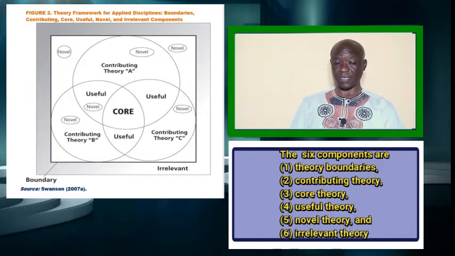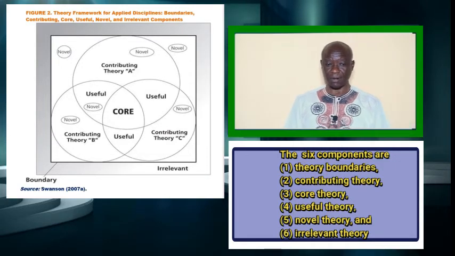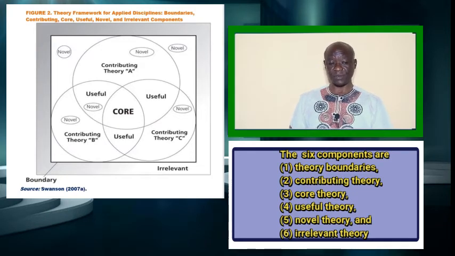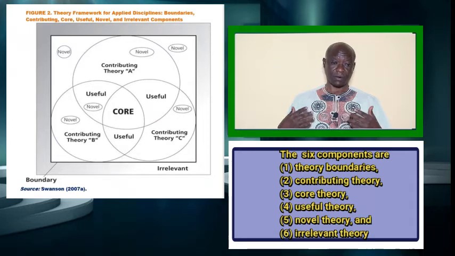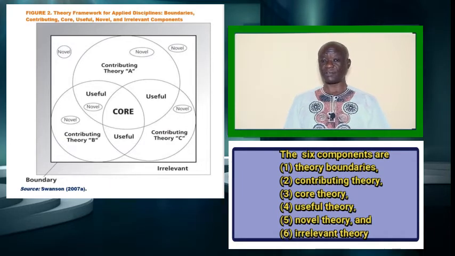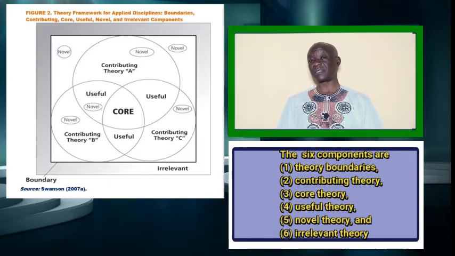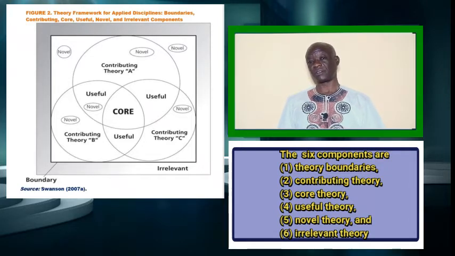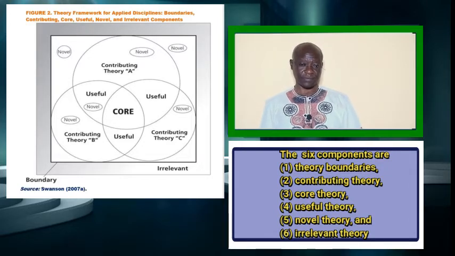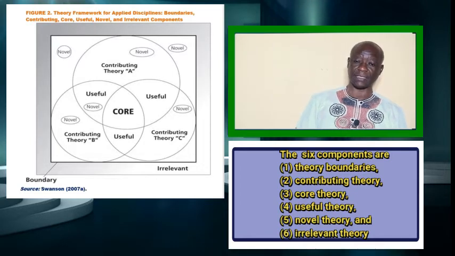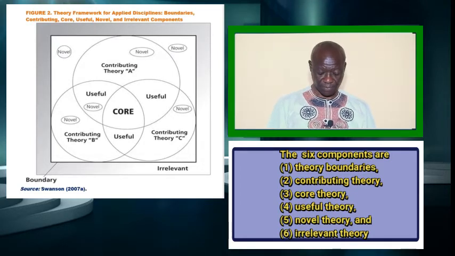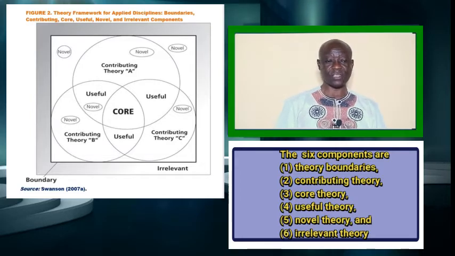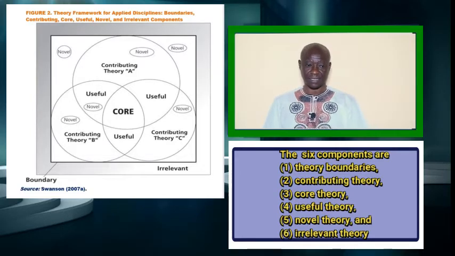So as you can see, that is the diagram, and it has all of those things specified and spelled out. We call that theory framework for applied disciplines, where you have boundaries, contributing, core, useful, novel and irrelevant components, ladies and gentlemen. And of course, that is taken from Swanson, 2007.